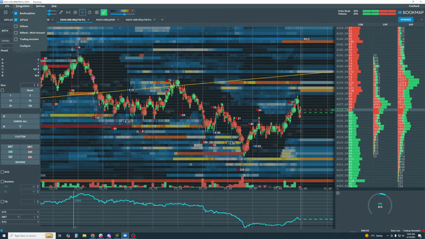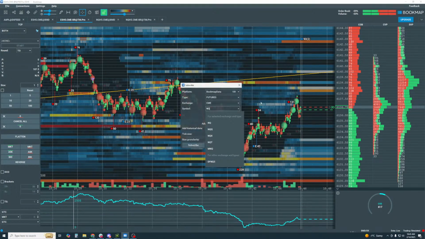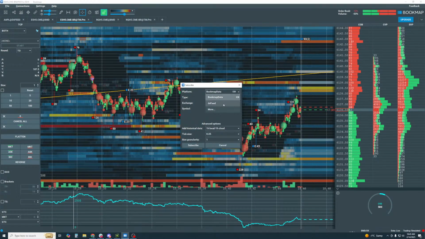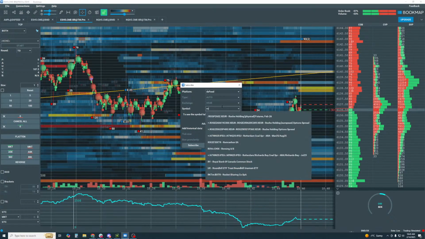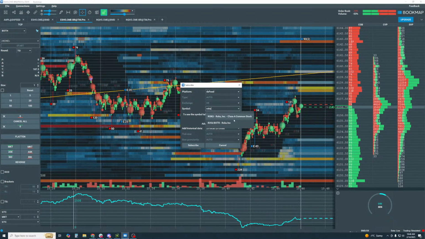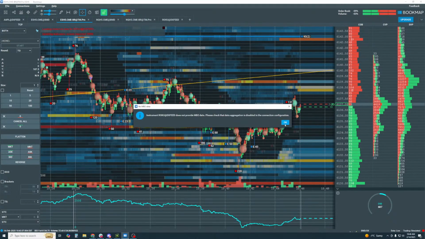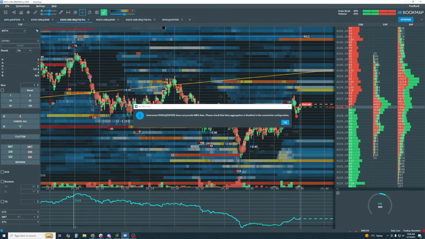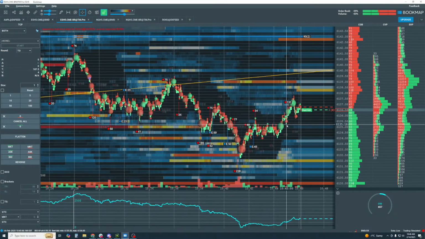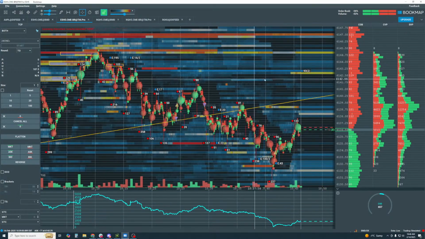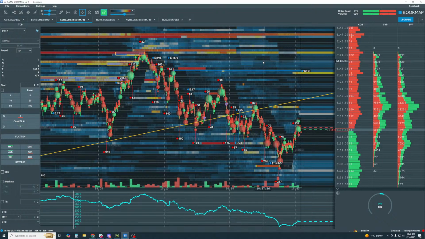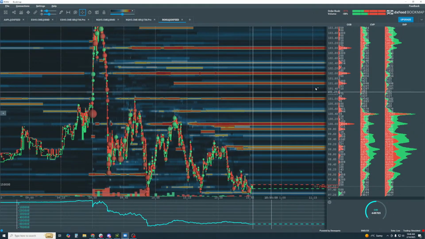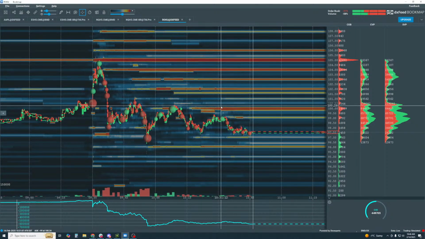All connected here. Fine. And how about let's put in Roku. Okay, there we go. Okay, no MBO data for Roku, so that's a limitation with stocks. And let's jump over and take a look at Roku.